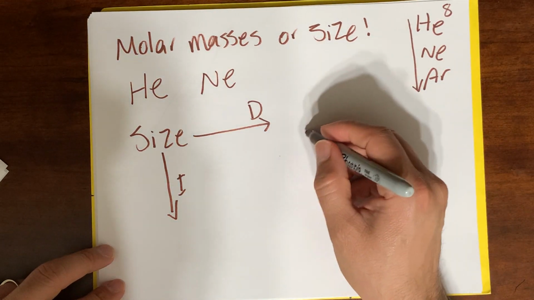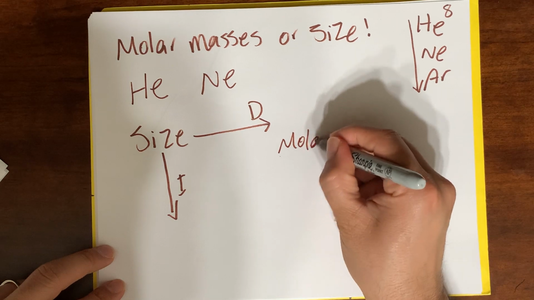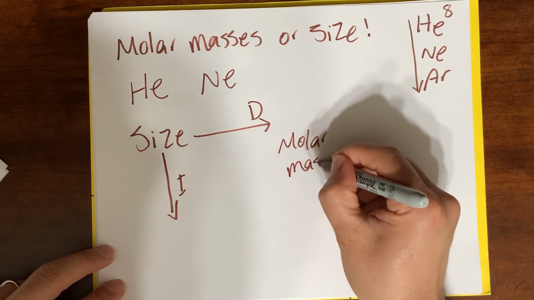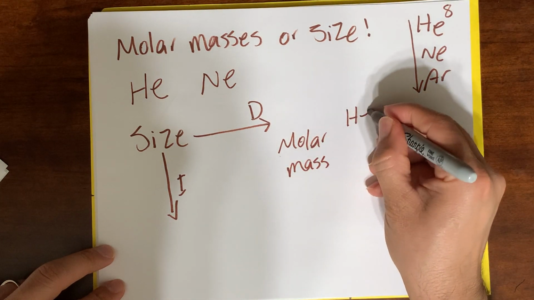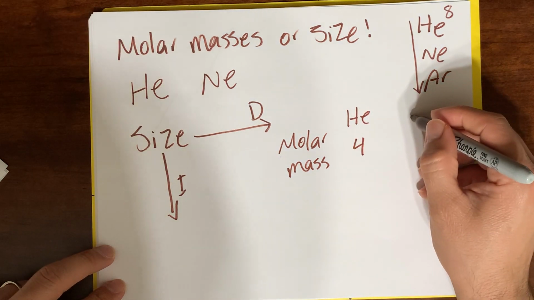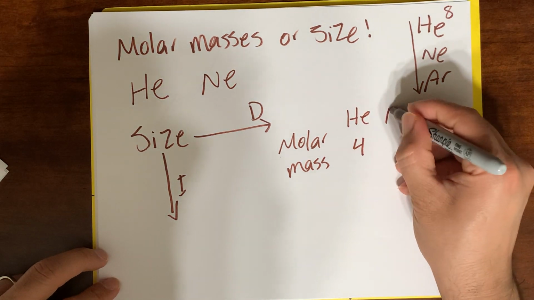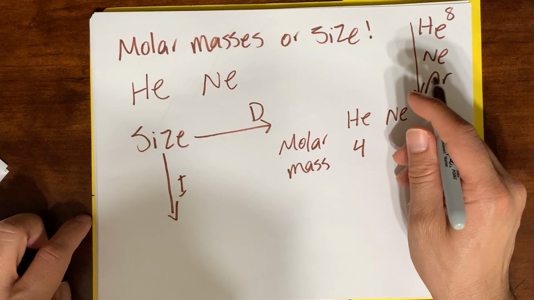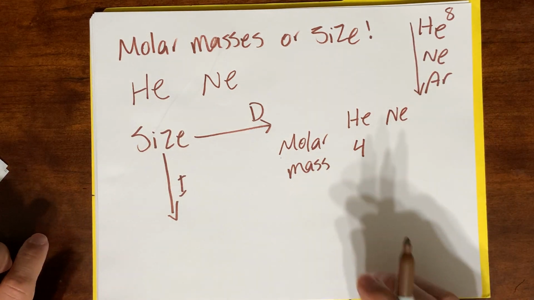Molar mass of helium is around 4. Molar mass of neon, I believe it's 20, but let me double check this one.